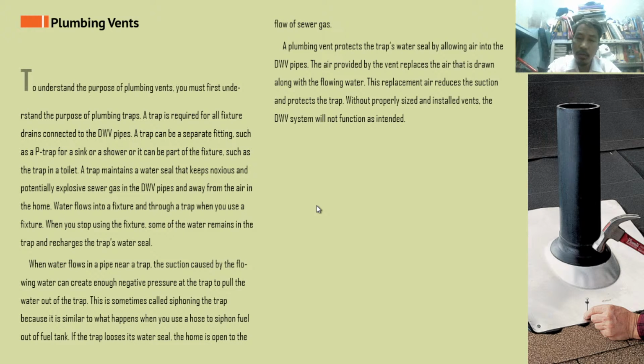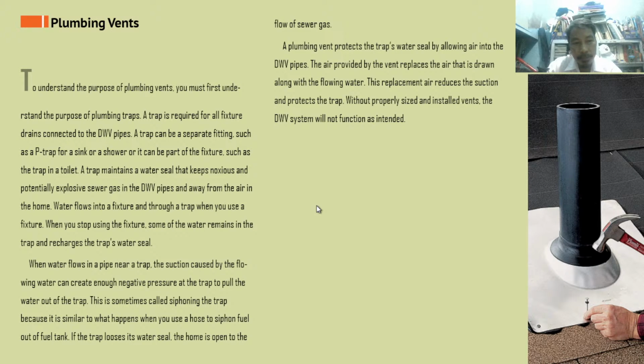So we don't need to install a separate trap for the toilet bowl or the water closet. We already talked about this, but here we emphasize this point. So take note of the emphasis.